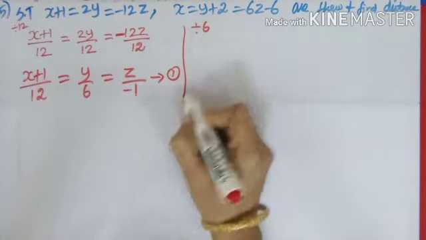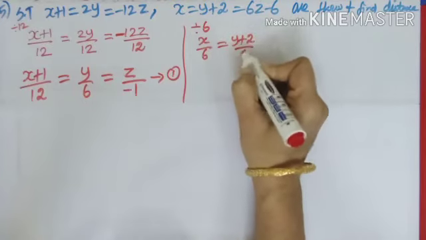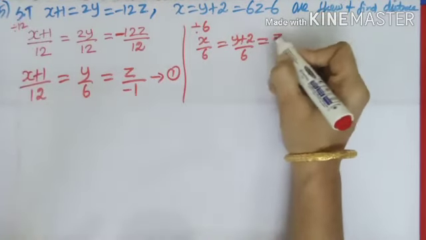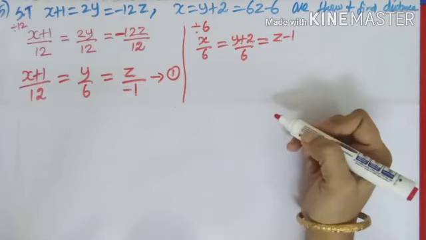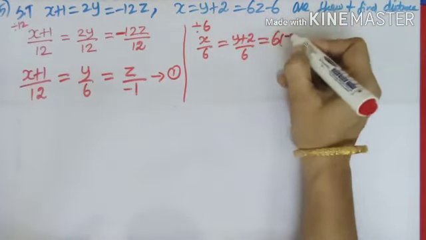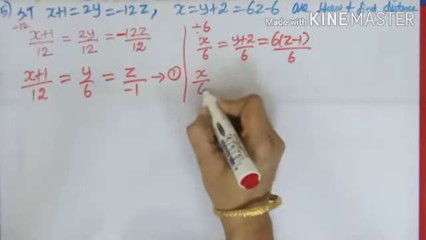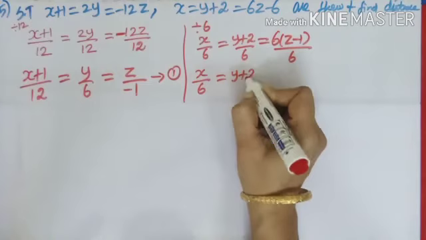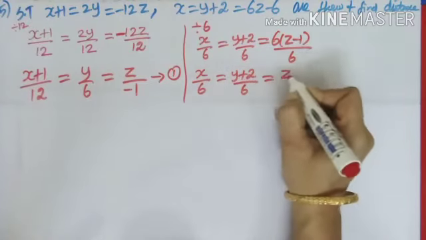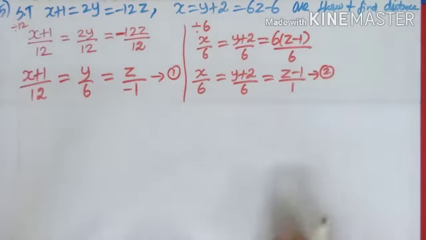So I get x by 6, y plus 2 by 6. When I divide by 6, it is z minus 1, or I can say 6 is common, z minus 1 by 6. Simplifying, x by 6 equals y plus 2 by 6 equals z minus 1 by 1. This we call as second line.